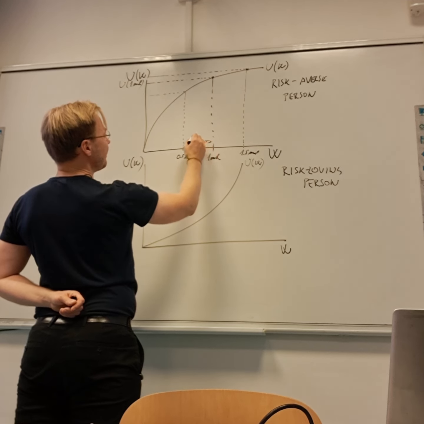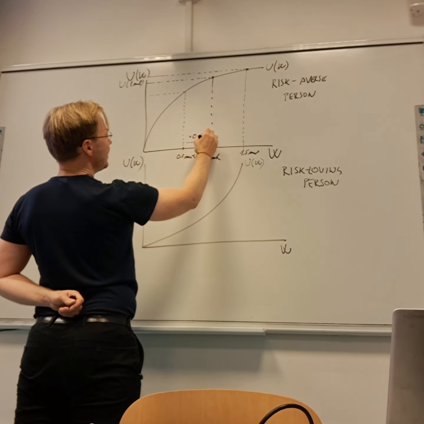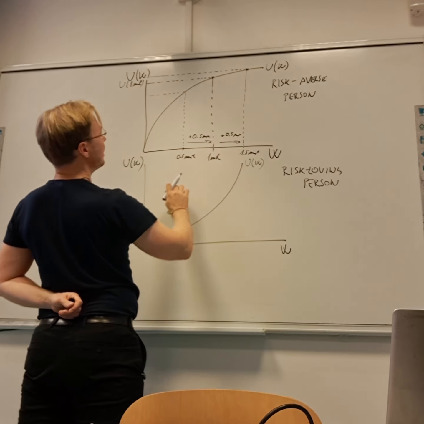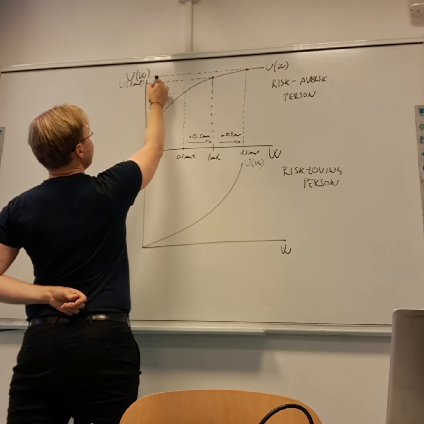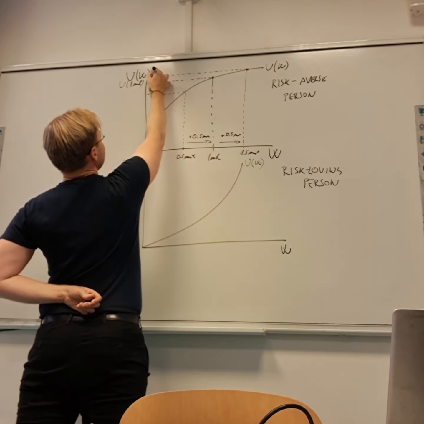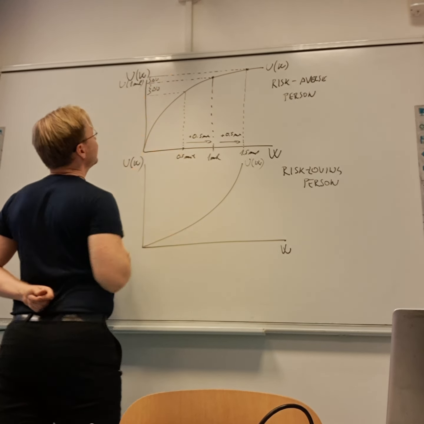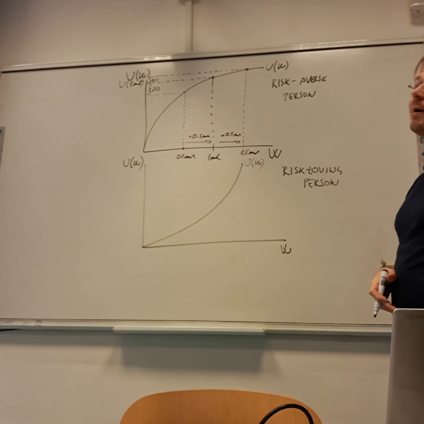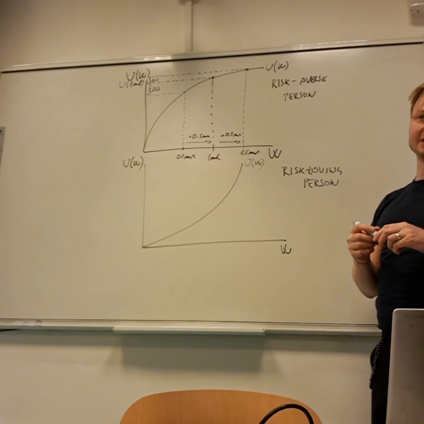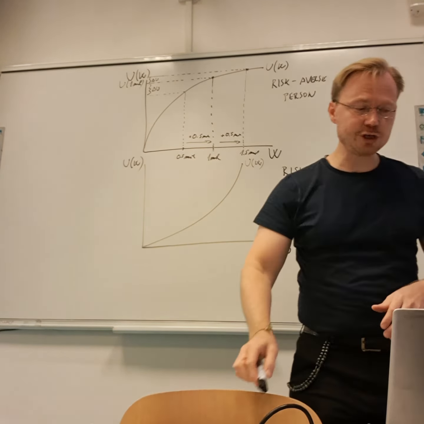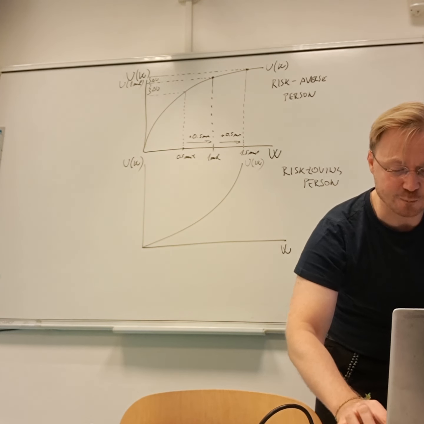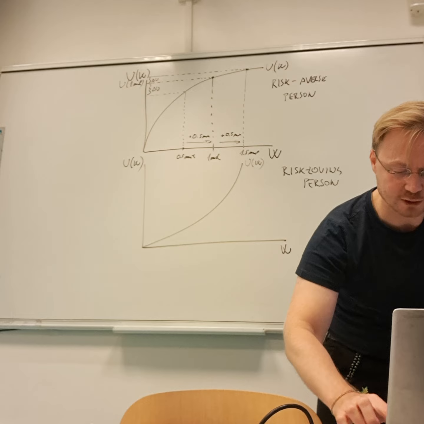The increment was the same, plus 500,000, but the additional utility from this increase is now lower. You can see it here. This is the increment to the utility. And the richer I am, the lower the increments to my utility from the wealth are. So my marginal utility, as we call it, is decreasing. Each dollar, each crown, each million brings me a lower utility than the previous million or previous 1,000 crowns.